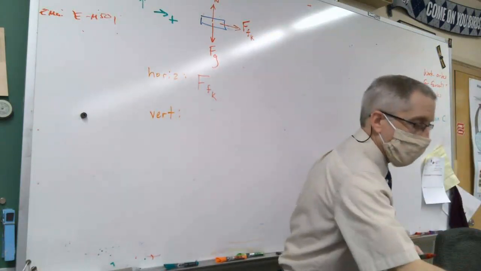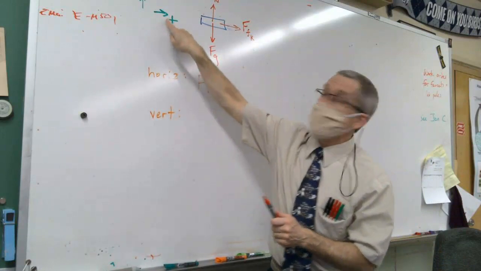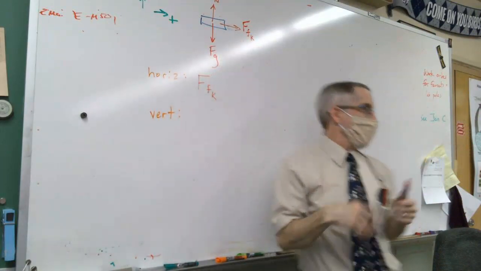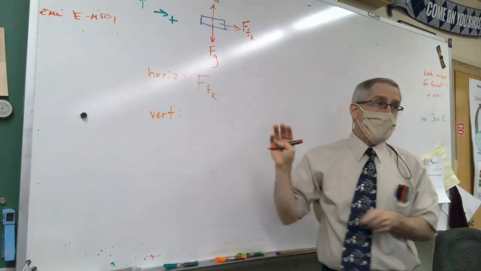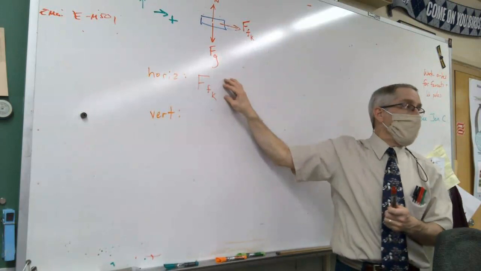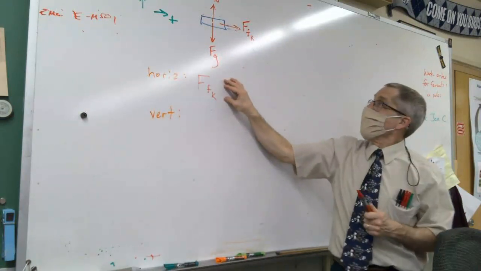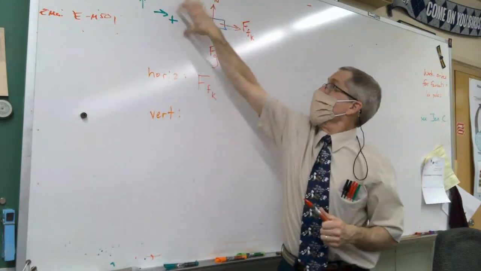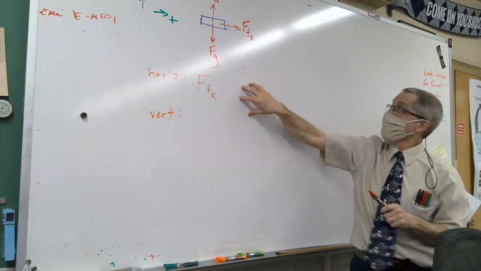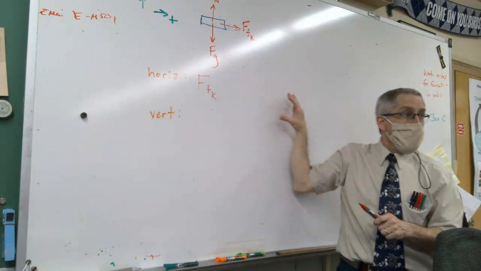Watch out for your signs. Because I chose rightward to be positive, I don't really need to write a positive. It's understood. And then any other rightward forces, you would copy them and pull them down. We don't have any. Any leftward forces, you would copy them, drag them down, and call them negative. We don't have any. And that's the sum of all your forces.